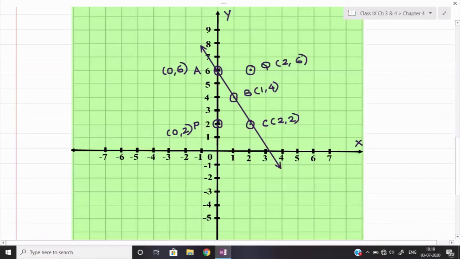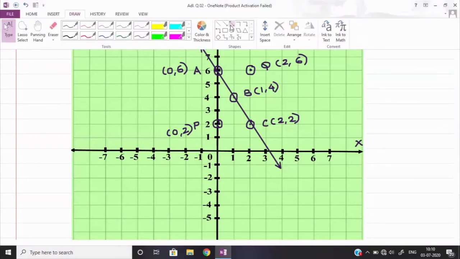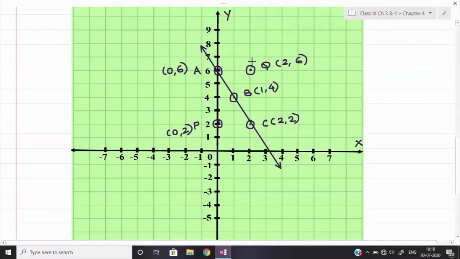Now from the points P, Q and B we shall draw one line again. So let us draw a line between them. Okay, so first we shall draw a line through these 3 points. Yes, so now you see perfectly we got the points over here.